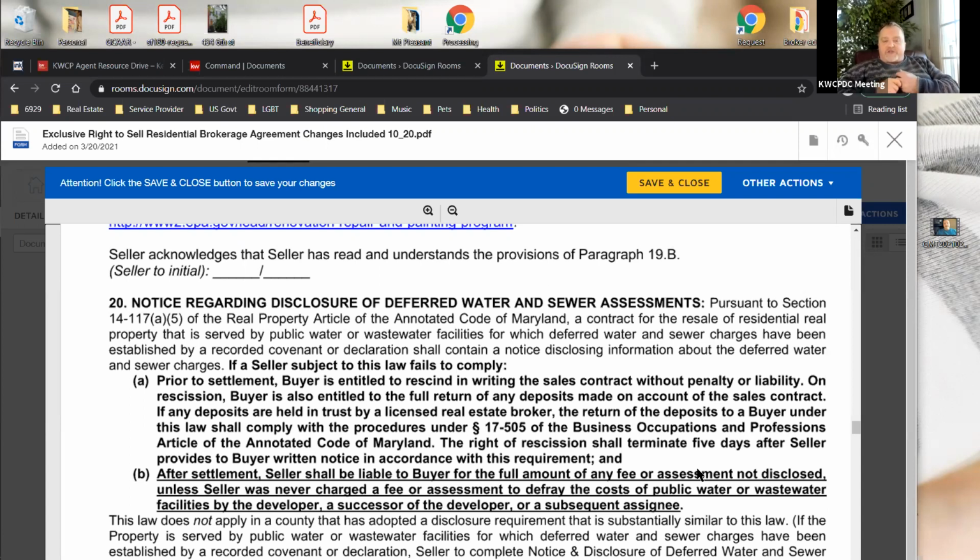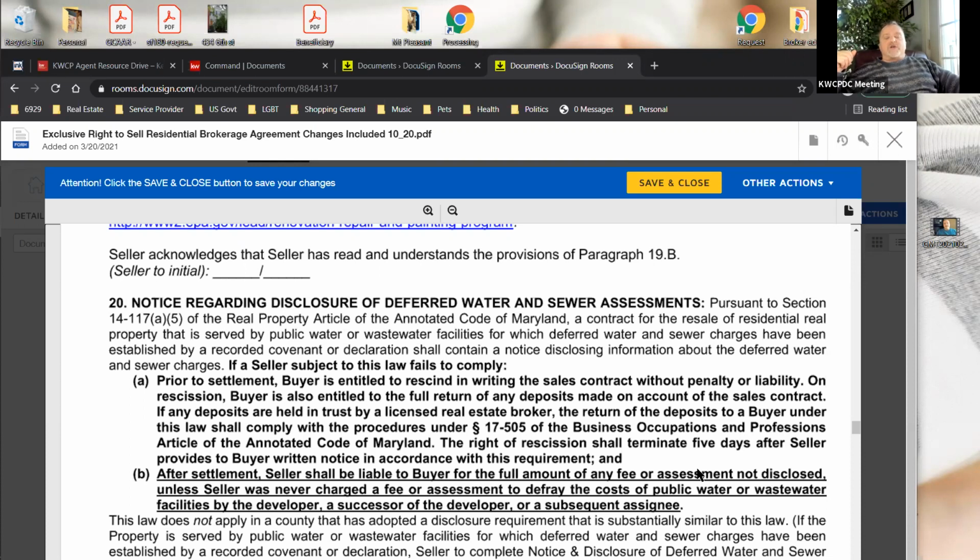Typically the way that this happens is when you've got a situation where a property was built in a development, in a subdivision, and when the developer first initially builds the development, they don't want to incur the costs of installing the sewer systems and the water systems themselves, right? They want to defer that and put the burden on the future owners of the properties.